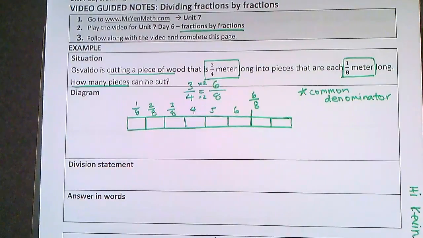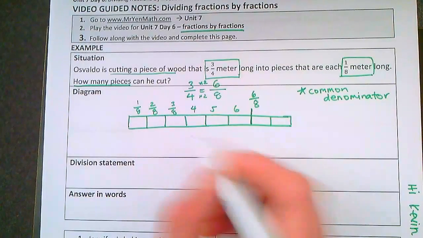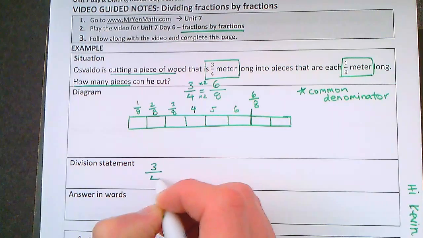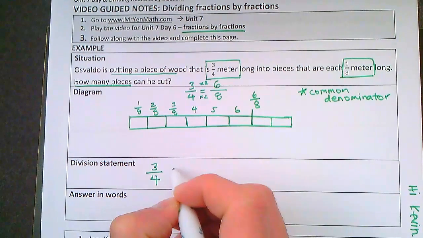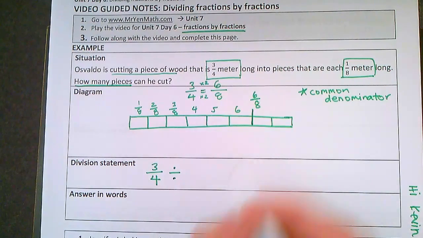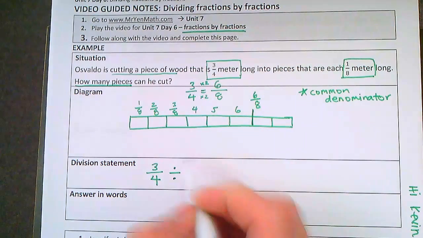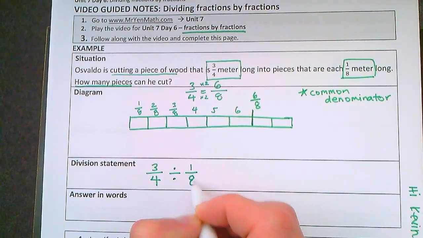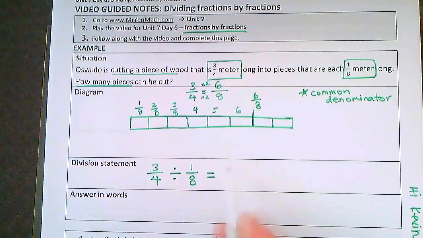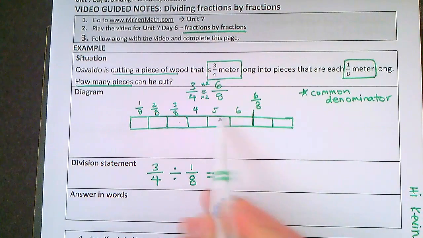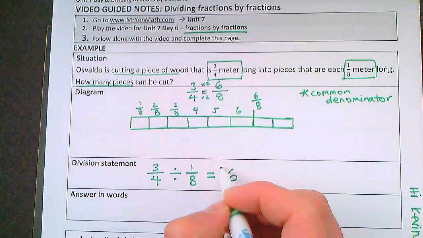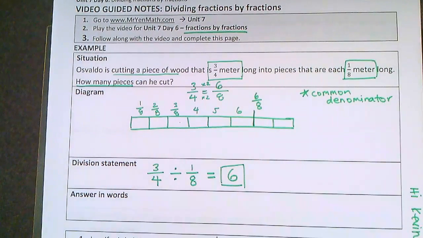And my division statement then is, if I have a piece of wood that is 3/4 meters long, and I divide it into sections that are each 1/8 meters long, there are a total of 1, 2, 3, 4, 5, 6 total pieces.